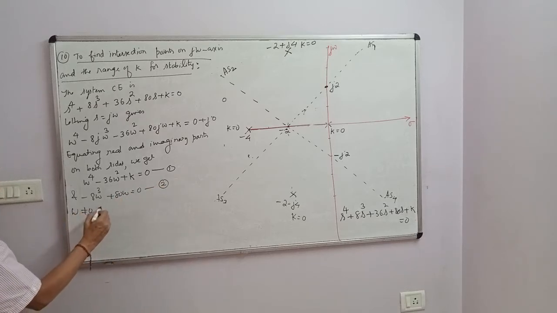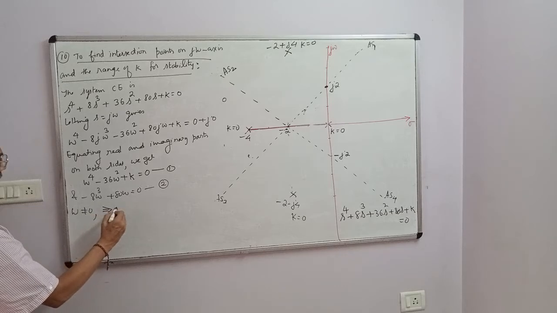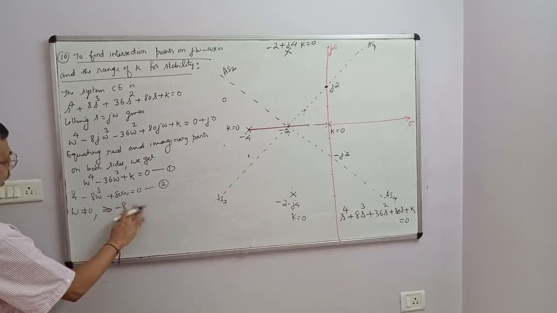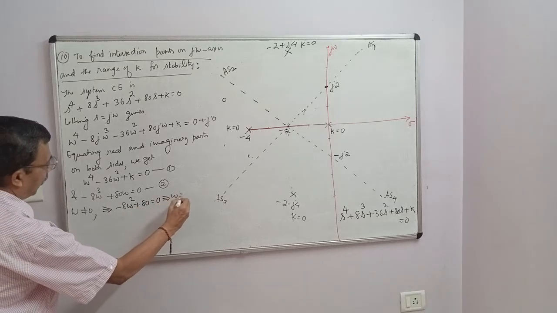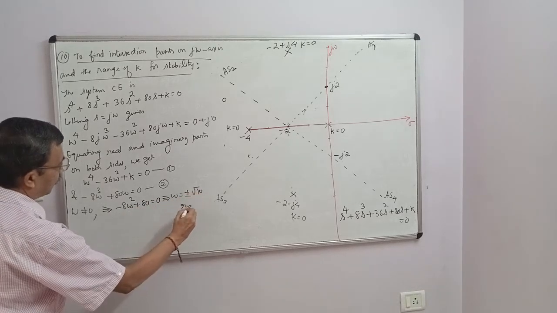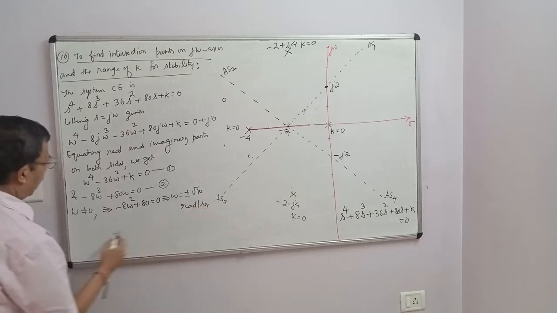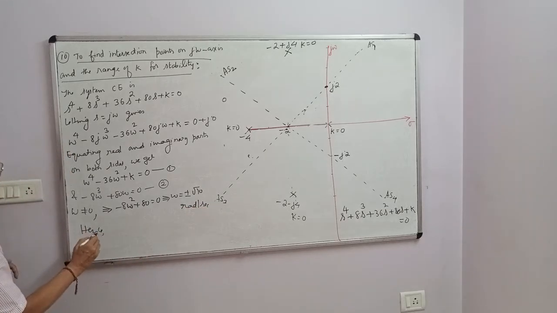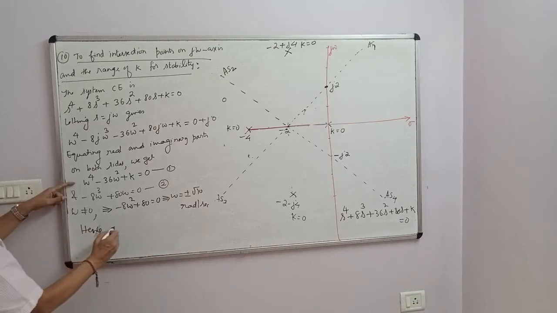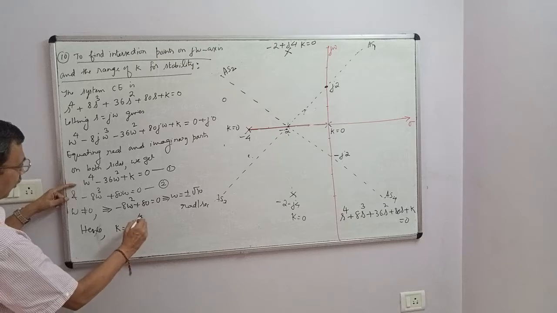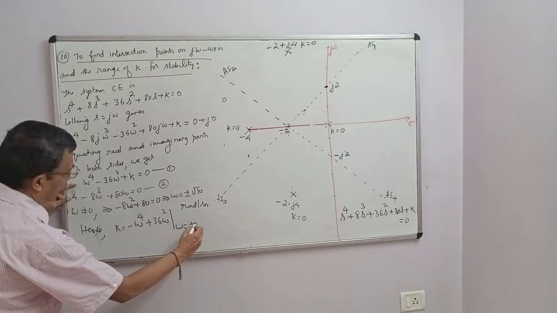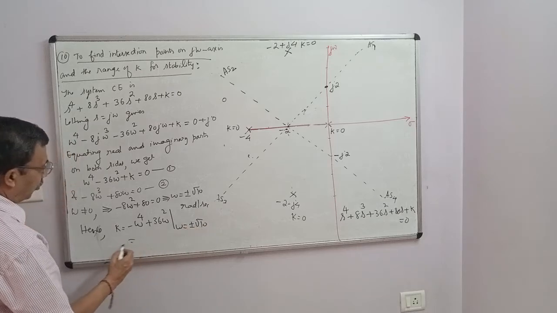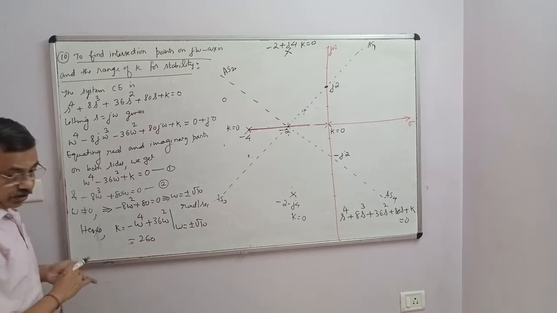Omega cannot be 0. This implies minus 8 omega square plus 80 equal to 0. This implies omega is equal to plus minus root 10 radians per second. Hence from equation 1, what is k? K is minus omega to the power 4 plus 36 omega square, at omega is equal to plus minus root 10. So you get k value as 260.